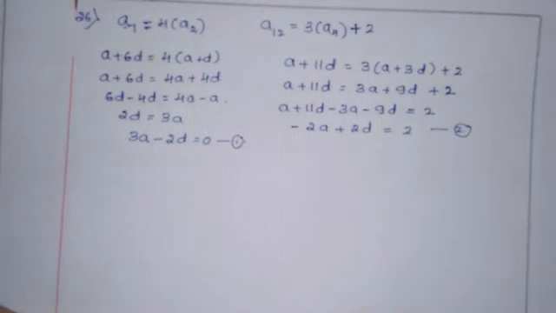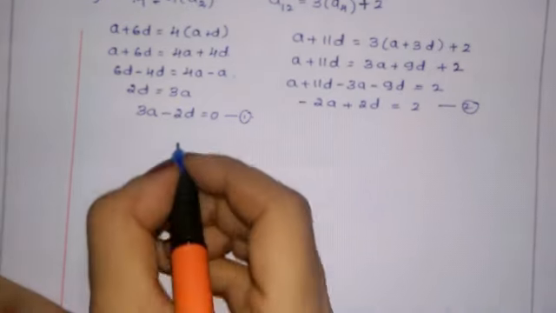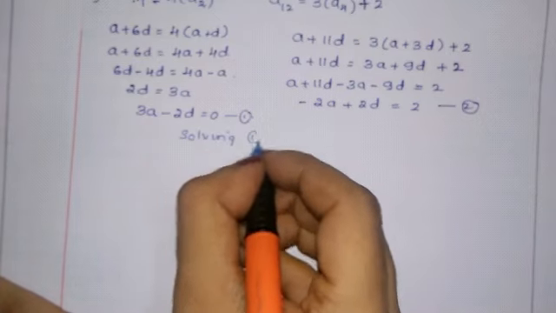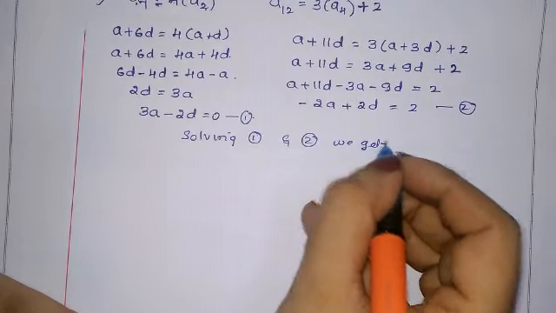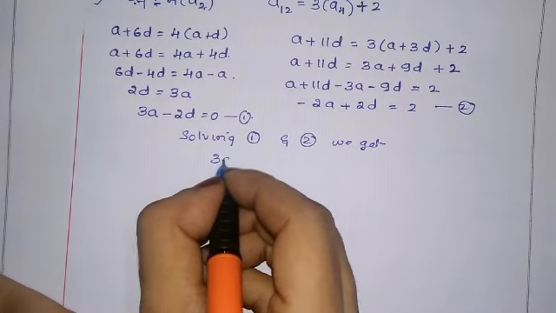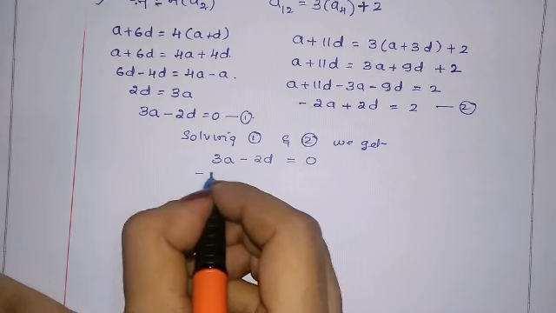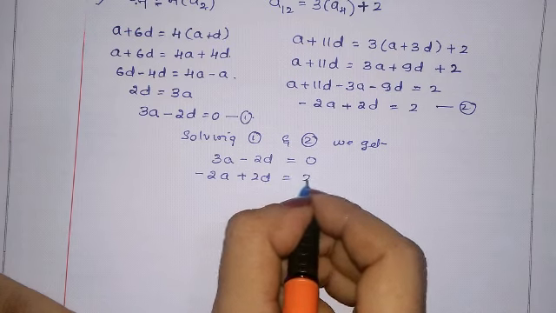Let us see now. Solving equations 1 and 2 we get 3A minus 2D is equal to 0, and minus 2A plus 2D is equal to 2.